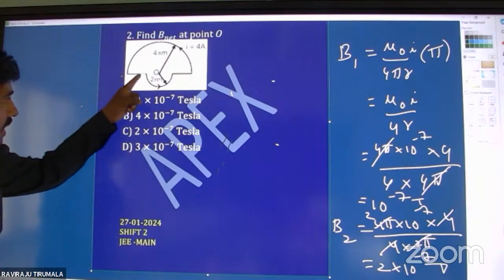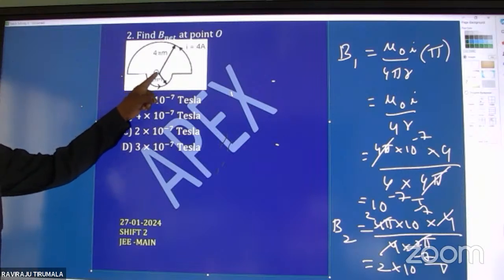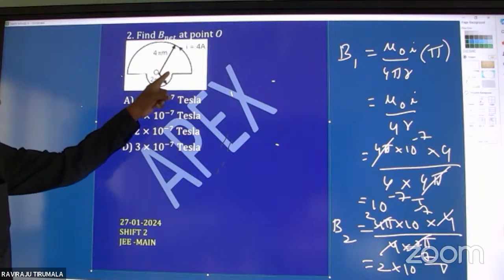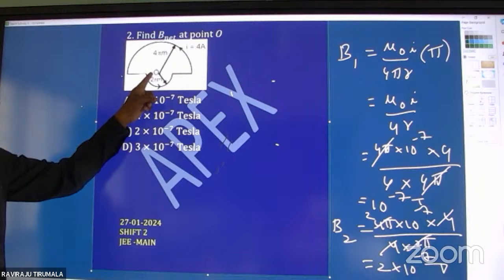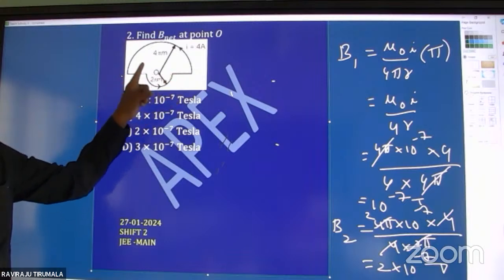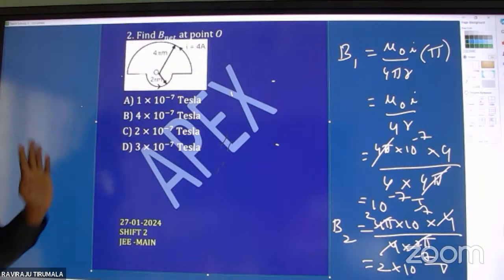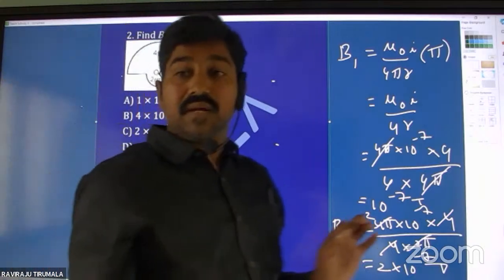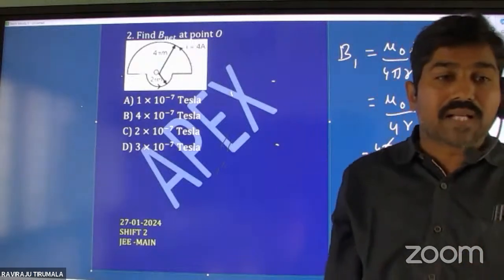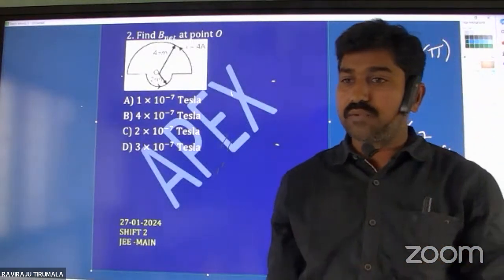Then due to a straight line at this point, the magnetic field is 0. And for this wire also, the magnetic field will be 0 here. So B3 and B4 will become 0. Only B1 and B2 remain. Now, one more question is whether you have to add them or subtract them. That you have to see.